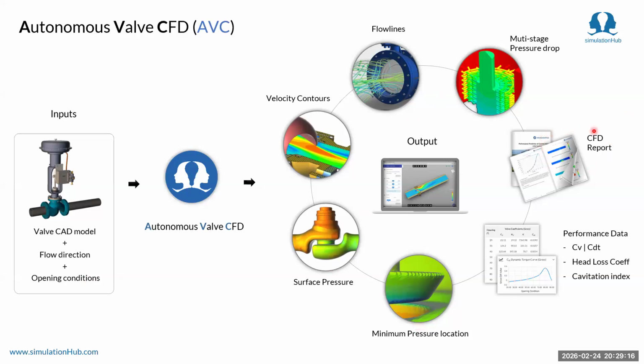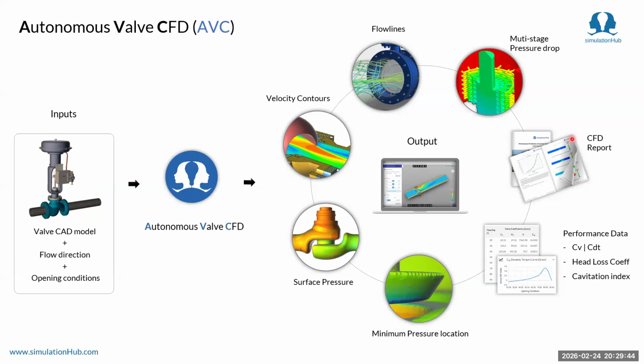You also get the performance data. These are qualitative results, and this is quantitative data. CV, CVT, head loss coefficient, cavitation index, all those curves and tables are available. The report is automatically generated, and you can download it in PDF format with your organization's branding added.